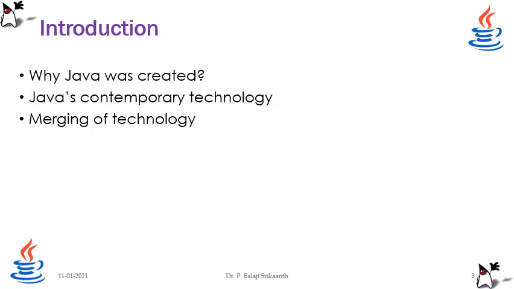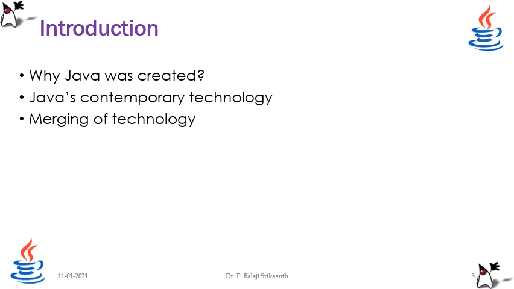Java Introduction. Why was Java created? At one point of time, when consumer electronics were automated, that is, they had a little bit of intelligence and were able to do things on their own, there was a necessity. These consumer electronics, such as fridge, microwave oven, washing machine, and TV, all had different programming languages, and individually they had different programs written with different programming languages.